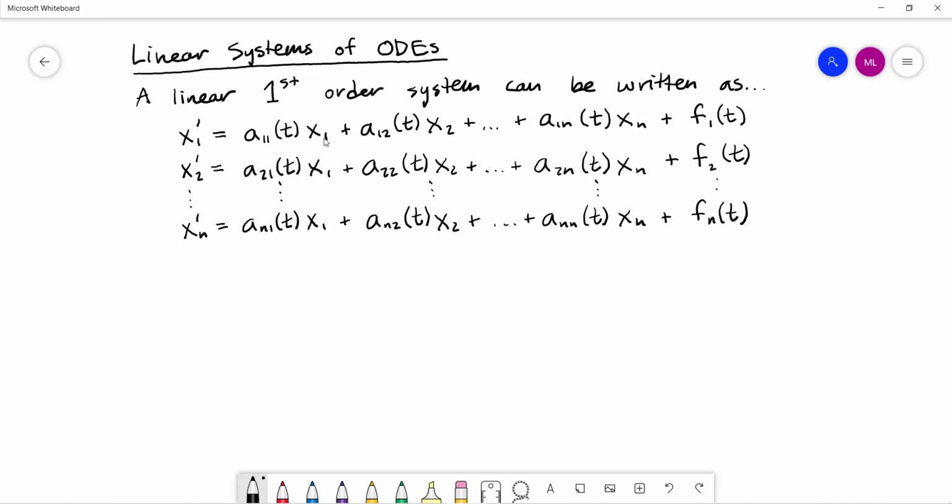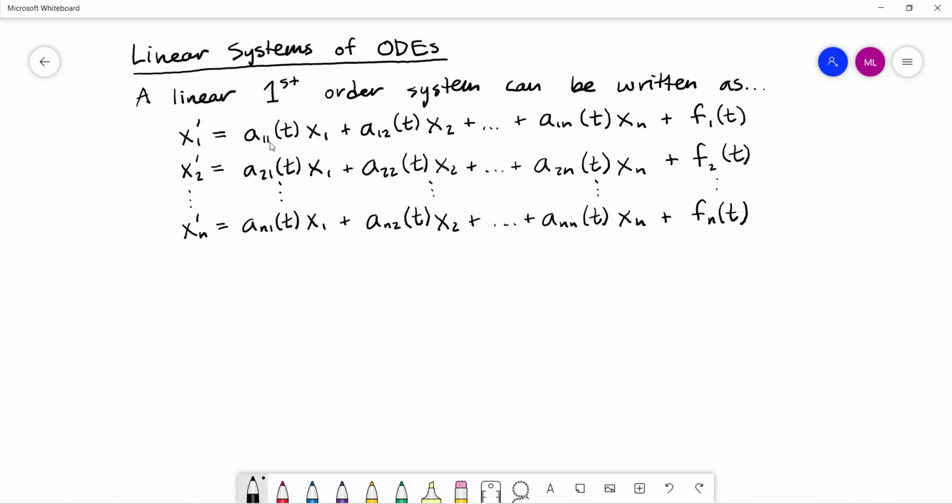Here's how it depends on the x1 term, so the second 1 here matches the x1 here. This term tells us how it depends on x2, so notice the 2 matches the second subscript in our a here, and then all the way down to xn, again the nth subscript of our a's here. So these subscripts tell you not only which variable we're solving for, that's what the first subscript tells you, but also which variable that solution depends on for each given term.